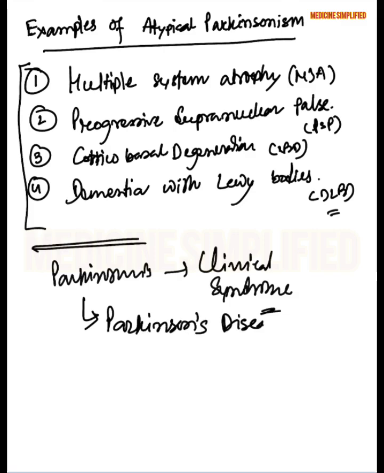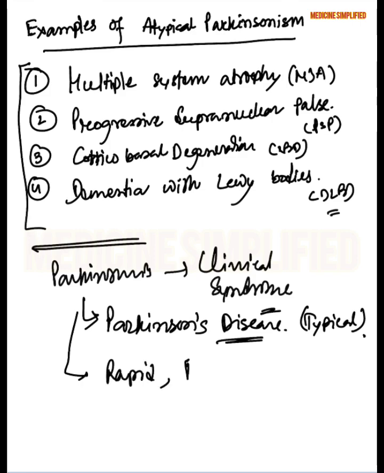And the atypical varieties are rapidly progressive, faster, comparatively rarer and treatment resistant.